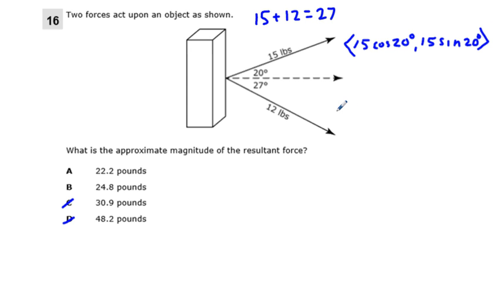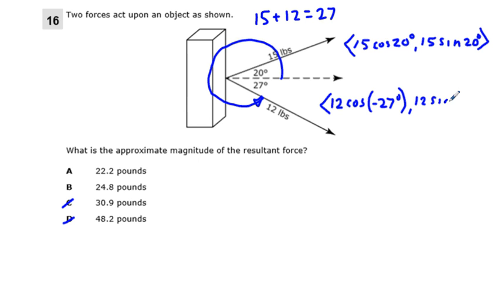And for this vector below here, and this is where we have to be careful, as I mentioned earlier, we're going to have 12 cosine, and we're going to have not 27 degrees, but -27 degrees, because we're rotating south. Now in standard position, I think this would be 333 degrees. If we went around here like this, we would have 333 degrees, which would be the same. But I'm going to put this one here, 12 sine of -27 degrees.